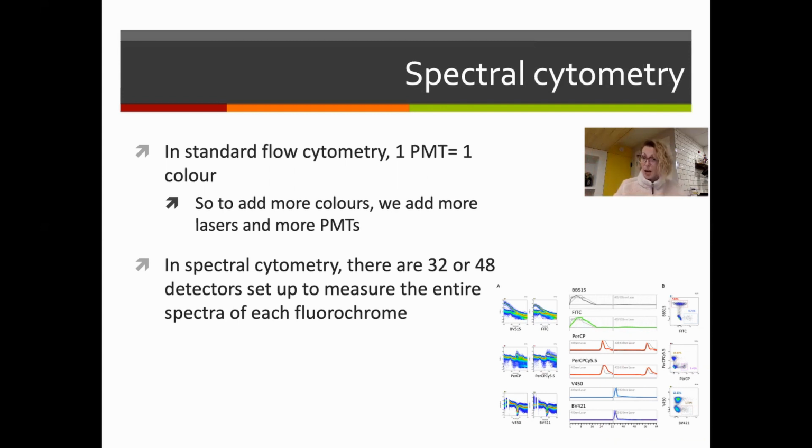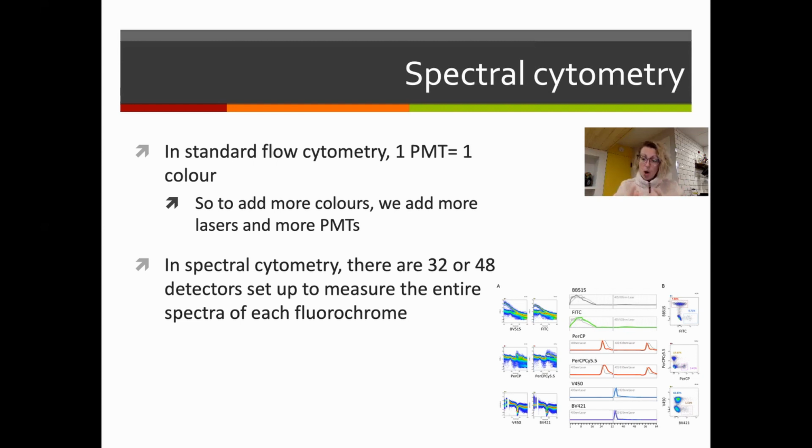In spectral cytometry, there are 32 or 48, depending on the manufacturer, detectors set up to measure the entire spectra of each fluorochrome. So instead of grabbing the band of light that comes through a filter, we look at the entire emission spectra. Because of this, we can start combining things together that in a single band pass wouldn't work because they'd look the same to the machine. But when the spectra are different enough, we can start using them together.